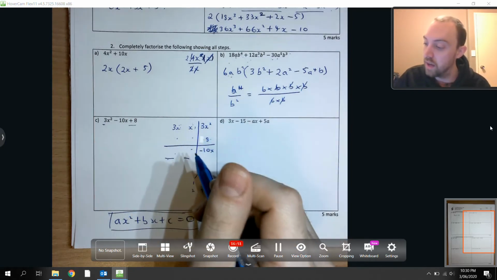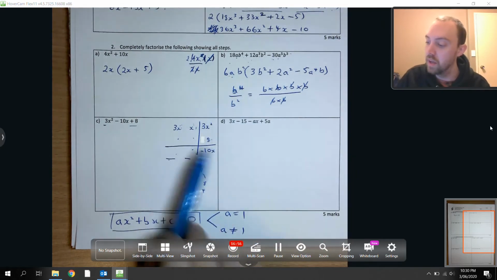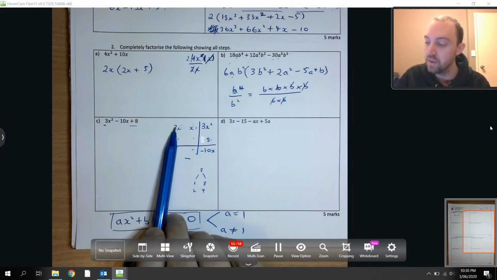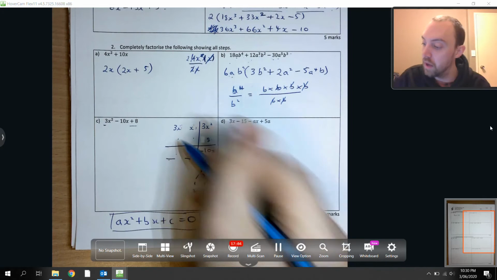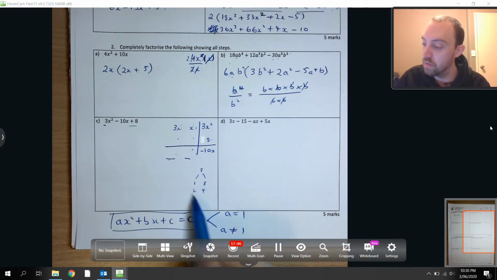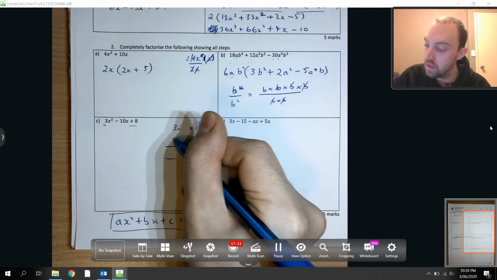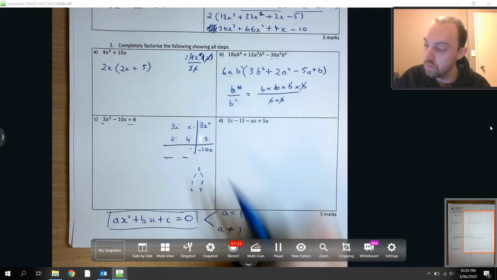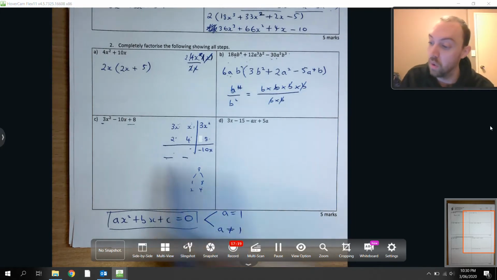I'm trying to get close to 10, so I don't want to put 8 here because 3 times 8 is 24. 8 might work here, but I suspect that 2 and 4 is going to go together a bit better. Let's try this. 2 and 4 in that order. I can swap them around if I choose to. If it doesn't work, okay, order does matter here.